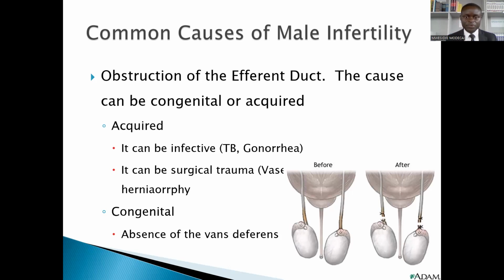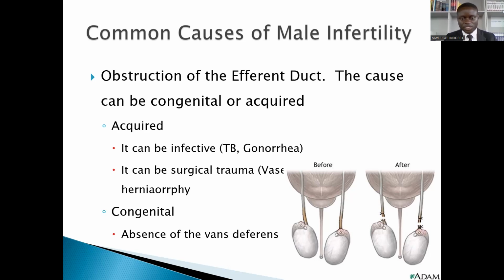Now, when it is obstructed, especially when people have TB and gonorrhea, they have this duct destroyed and sperms will fail to get where to pass. Other causes of this obstruction can be surgical procedures like herniorrhaphy and vasectomy. They have cut off the tubes and hence sperms cannot move from the testis to come out via ejaculation.